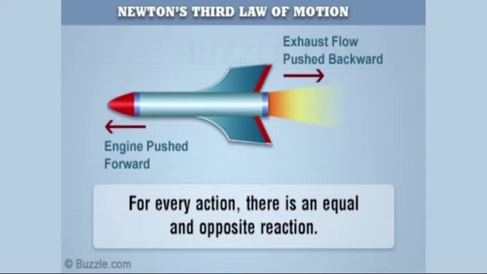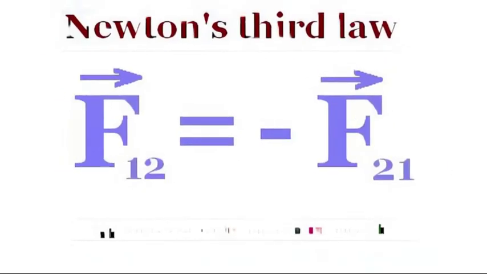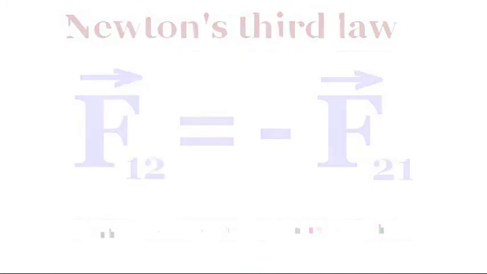As the exhaust is flowing backwards out of the rocket, it is pushing it forward. So the backward push of the exhaust or the fire is what is causing it to move forward. So this is the mathematical representation of Newton's third law, that for every action there is an equal and opposite reaction. The negative sign shows the opposite direction that the reaction force is to the original force.